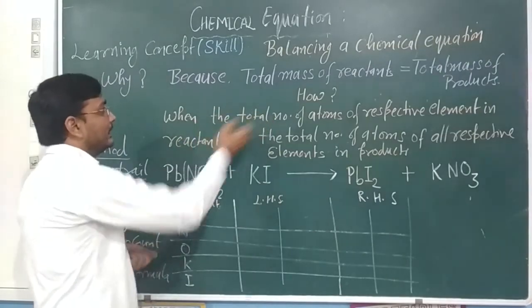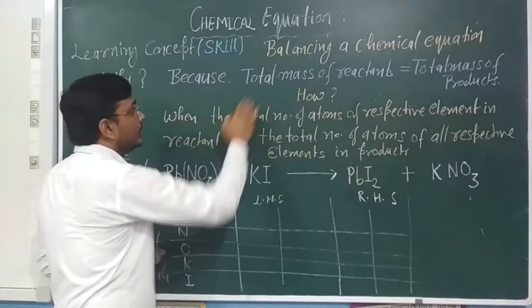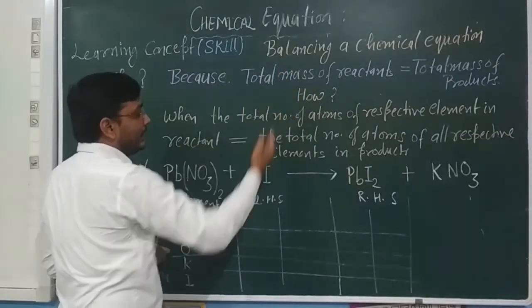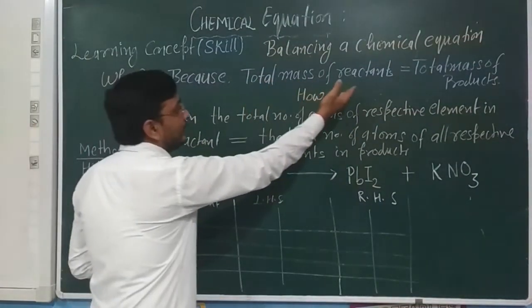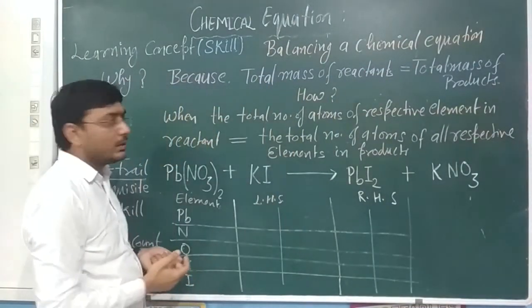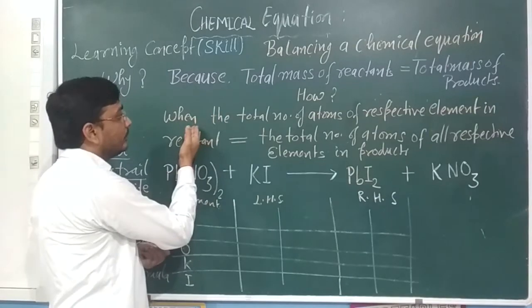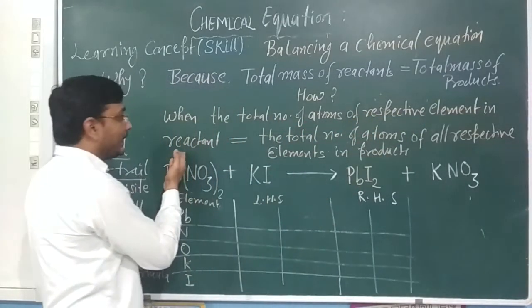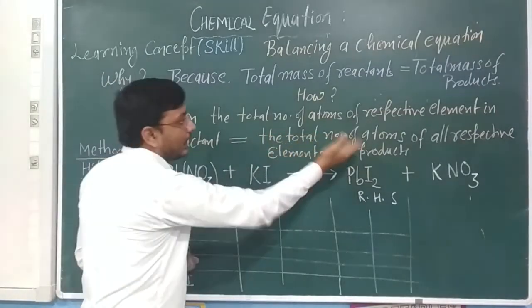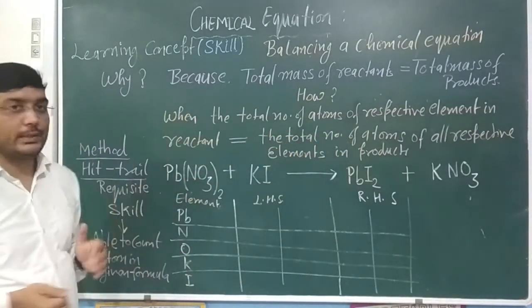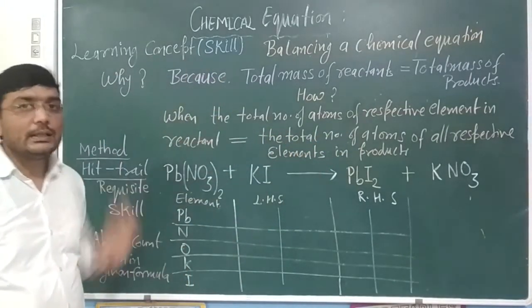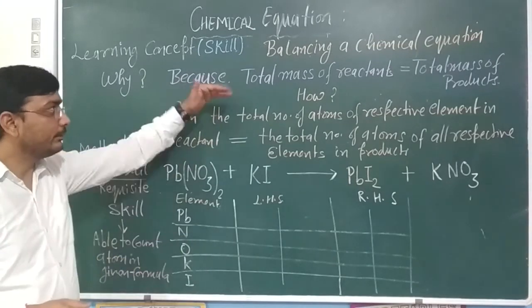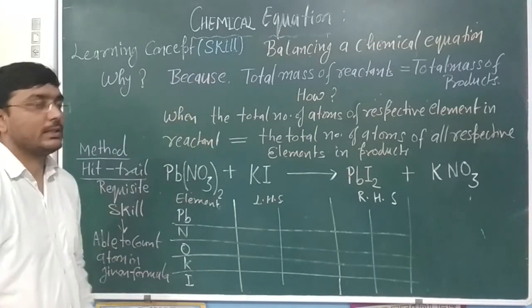I have written here how you will do this for any chemical equation. Total mass of reactants is equal to total mass of products. So when the total number of atoms of each element in the reactants is equal to the total number of atoms of each element in the products, then automatically the total mass of reactants equals the total mass of products.